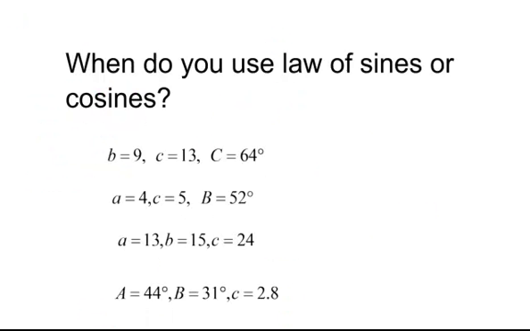One more thing I'd like to discuss, and that is, when do we use the law of sines or the law of cosines? So let's look at this first one here. I'm given a side B and a side C and an angle C. Since I have both the side and the angle here, I can use the law of sines.